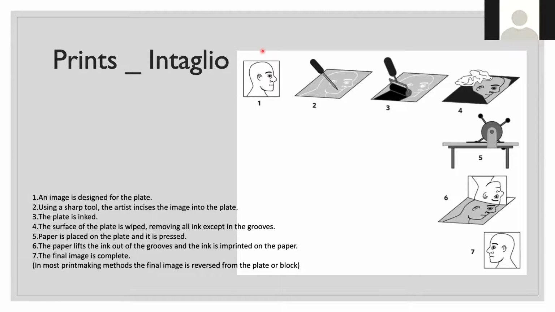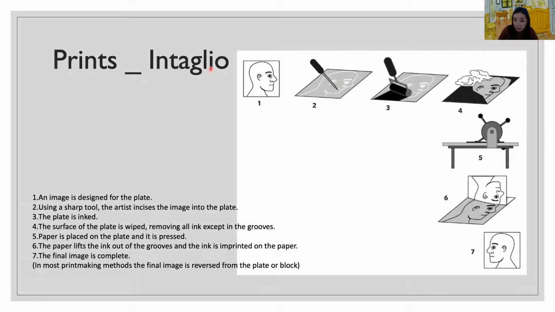And in all the intaglio printing techniques, on the printing plates, the incised area holds the ink, not the top part, not the surface part, the incised part. So here is an image that an artist wants to print, and with a sharp tool or something else, the artist incised the image into the plate.